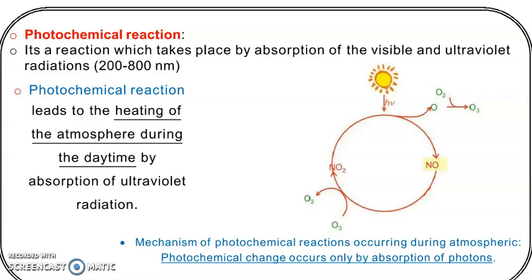Now photochemical reactions. It's a reaction which takes place by absorption of visible and ultraviolet radiations, 200 to 800 nanometer. Photochemical reaction leads to the heating of the atmosphere during the daytime by absorption of ultraviolet radiations. You can see in this picture how it is working.